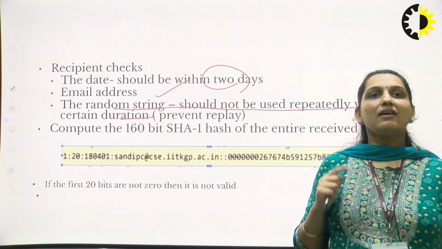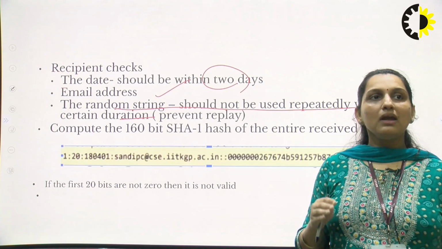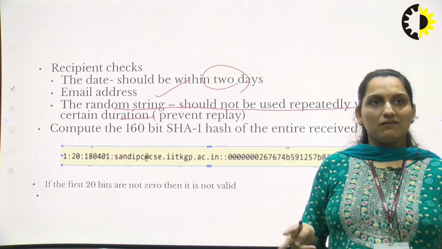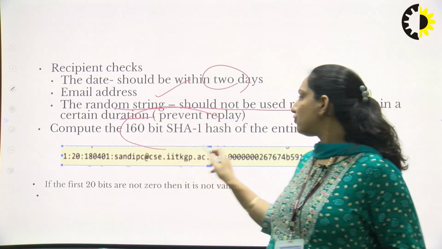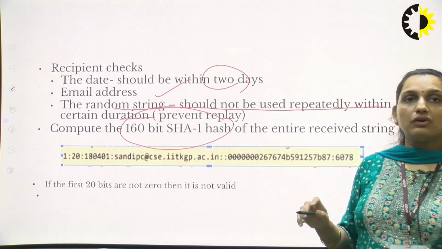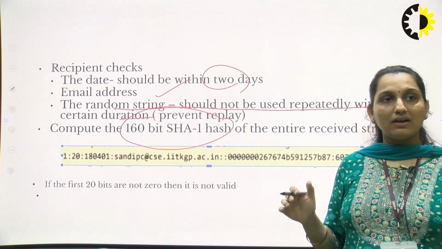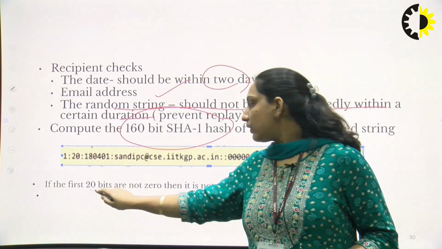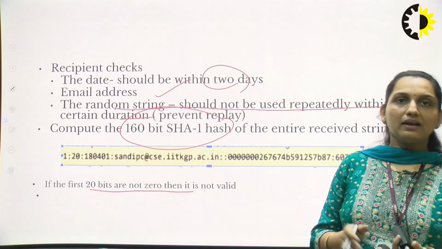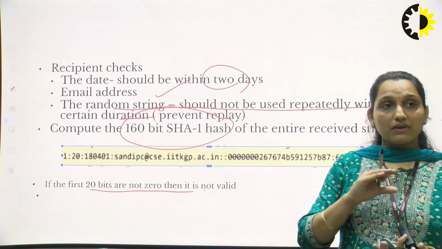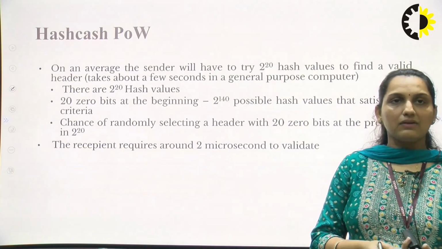The random string has to be unique, not repeated from a previous one. So we compute a 160 bit hash code, and then check whether it is valid or not. If the first 20 bits are not zeros, it is not valid. If the first 20 bits are zeros, it is valid.